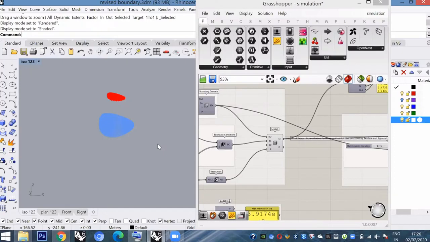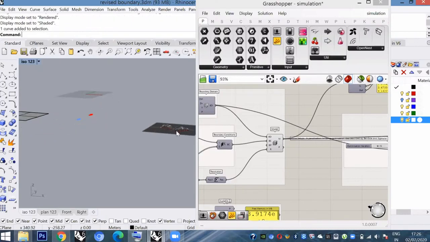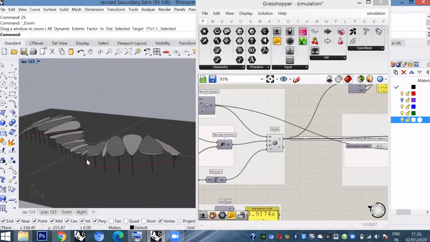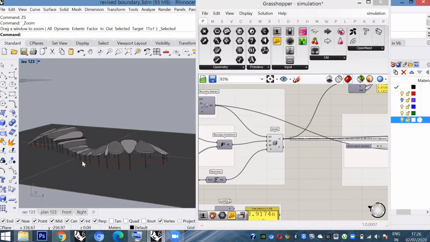So in that regard, I think your proposal of how you could generate this very interesting roof pattern is pretty cool.